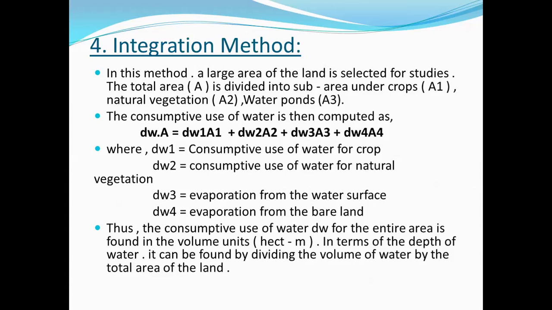Thus the consumptive use of water dW for the entire area is found as a volume. The unit is hectare-meter.